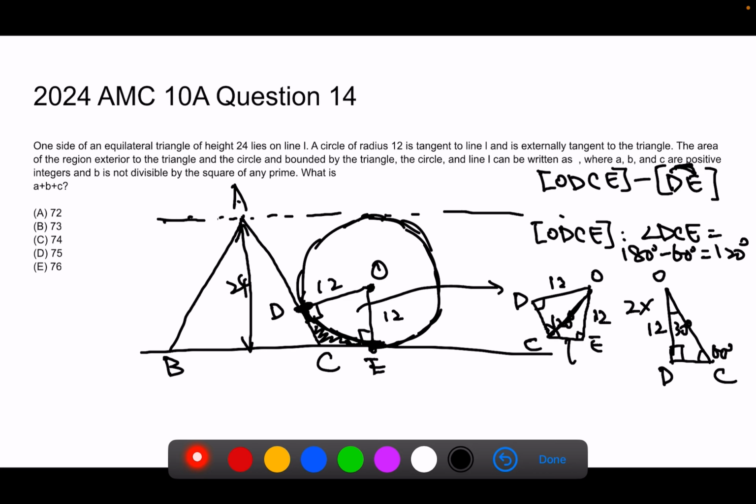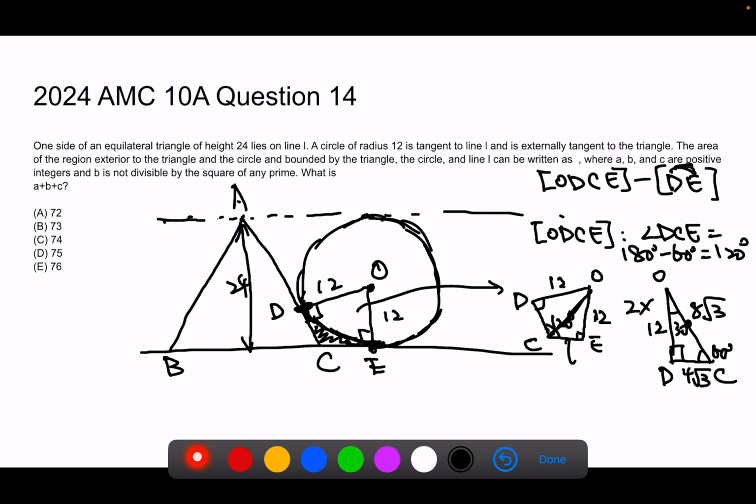So that's our typical 1, 2, square root of 3. And just be careful, this length 12 is not a hypotenuse. So actually, you will find DC is 4 root 3, and OC is 8 root 3. Because DC is 12 divided by root 3. So the relationship between the two right sides is root 3 and 1.